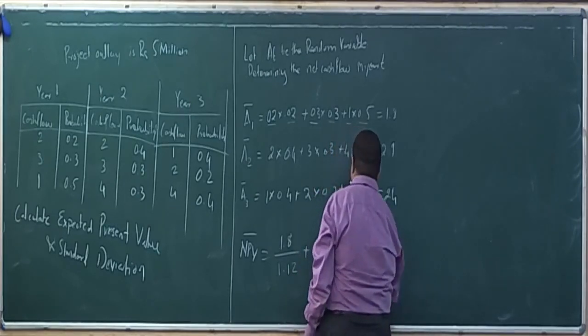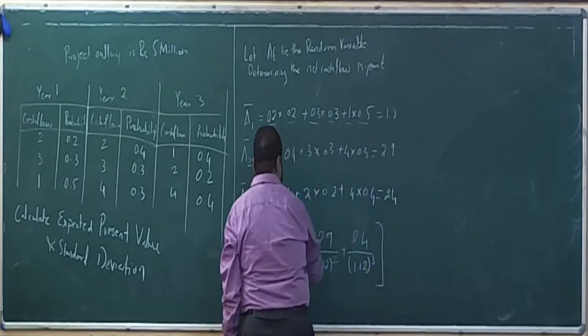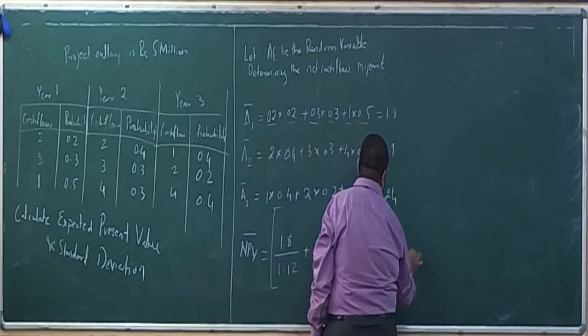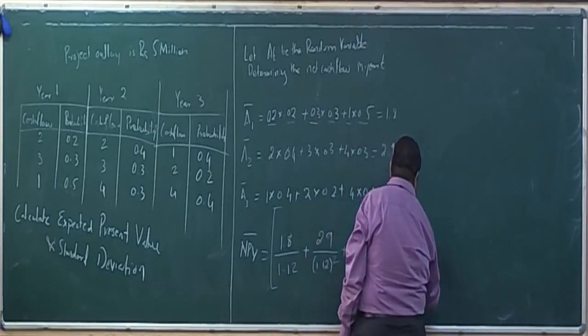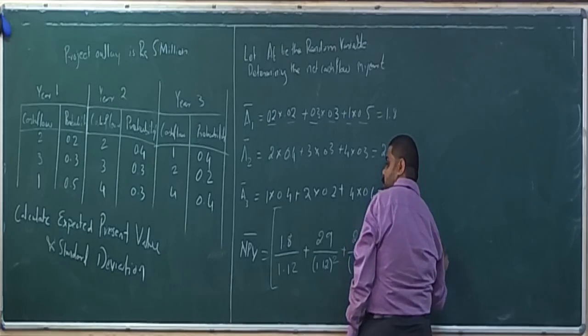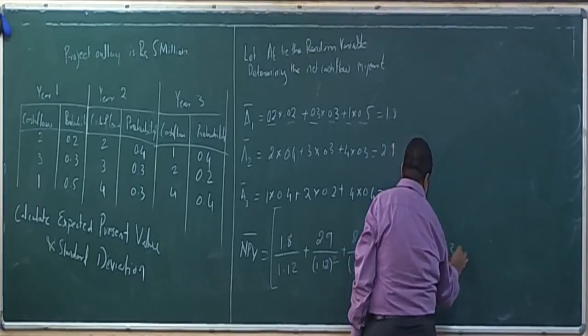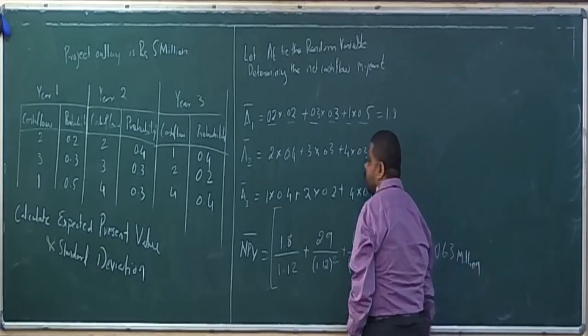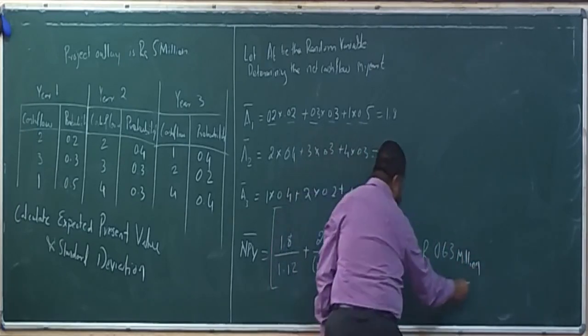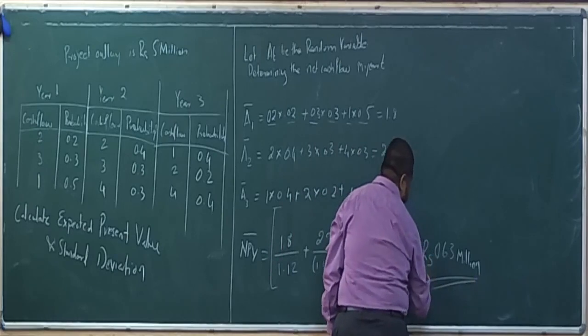So this whole minus 5. So we get the NPV as rupees 0.63 million. So this is the answer.